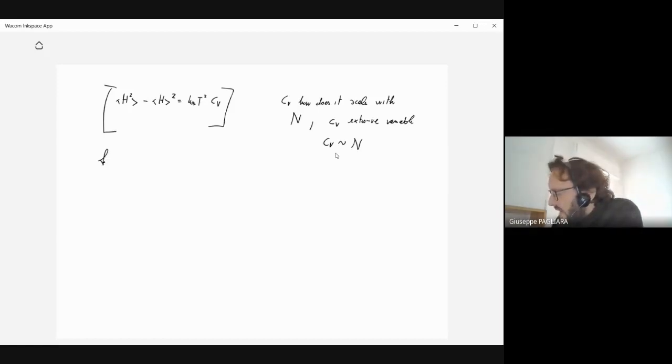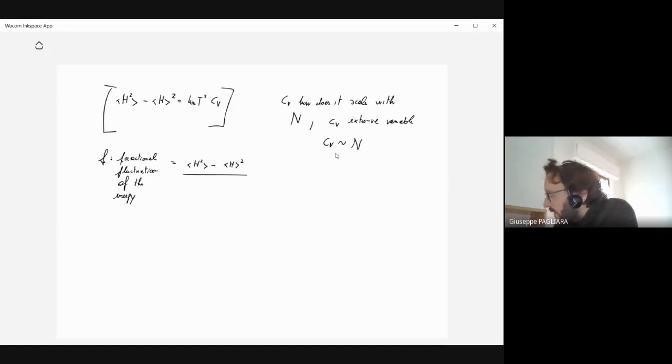Now, if I introduce f, which is the fractional fluctuation of the energy, this is the square root of the average of H squared minus the average of H, squared, divided by the average of H squared.